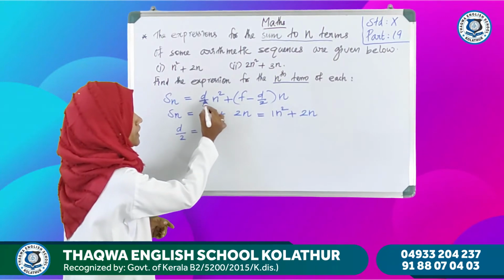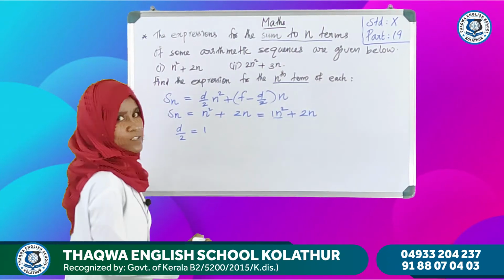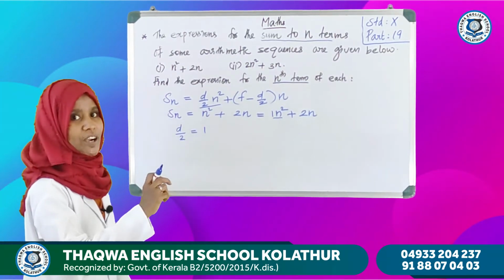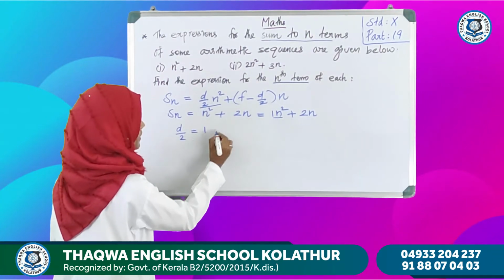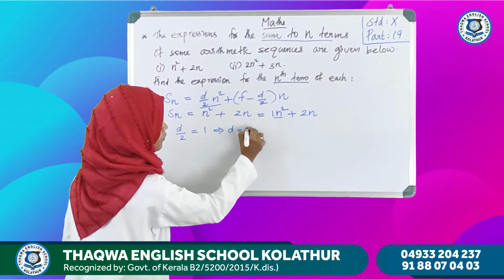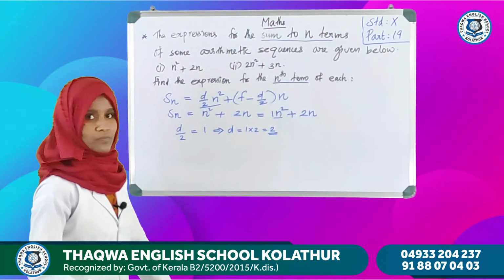Here 1n square, here d by 2 n square. Let us equate the coefficients. So d by 2 equals 1. From this d equals 1 into 2, that is 2.